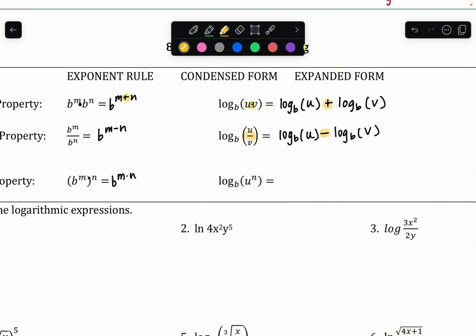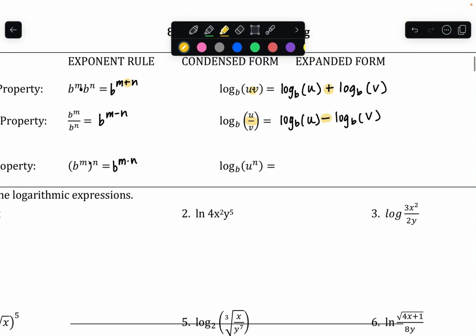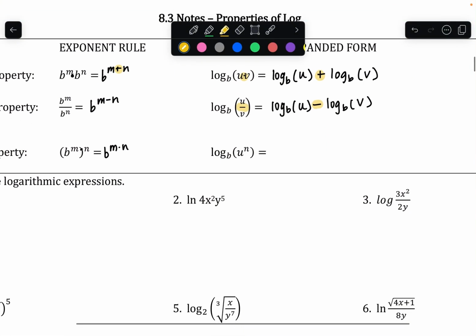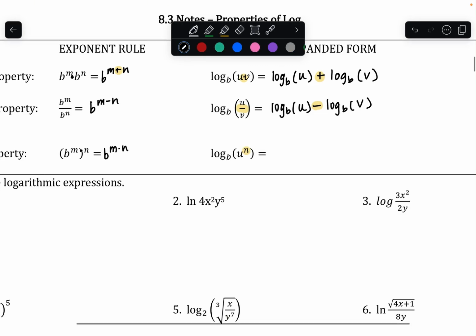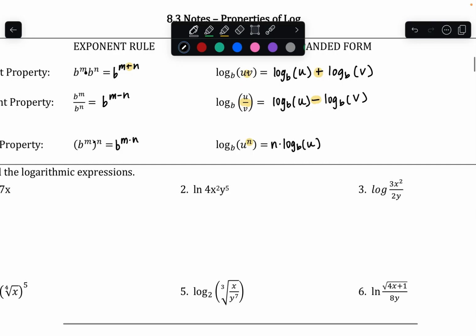Okay, and so division still goes with subtraction. Multiplication still goes with addition. And here, if you have an exponent inside your log, that exponent comes down to be multiplied. You can actually prove each of these properties by using the laws of exponents, but we won't get into that.